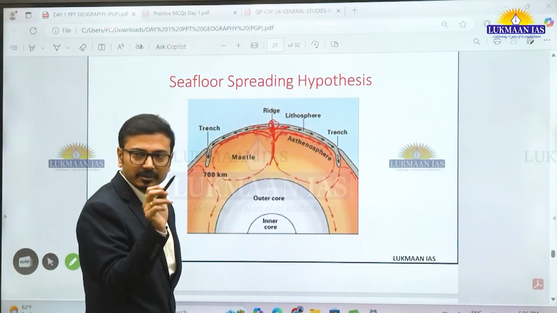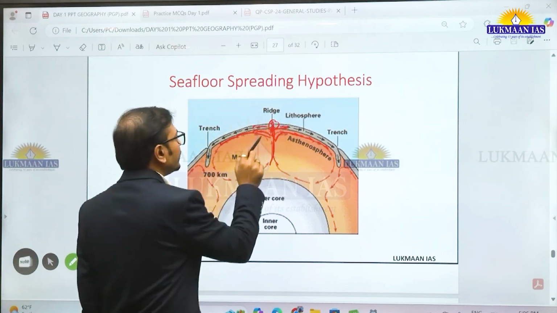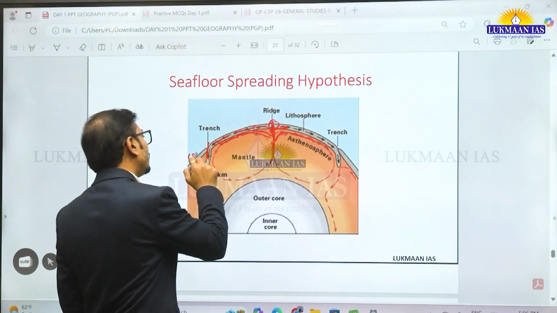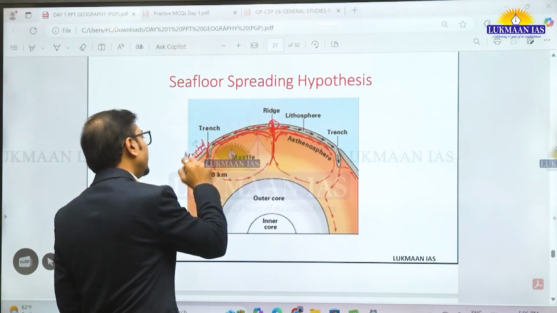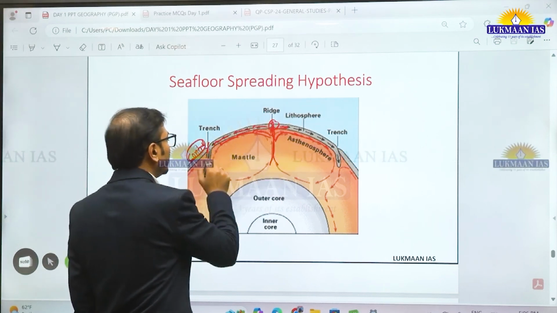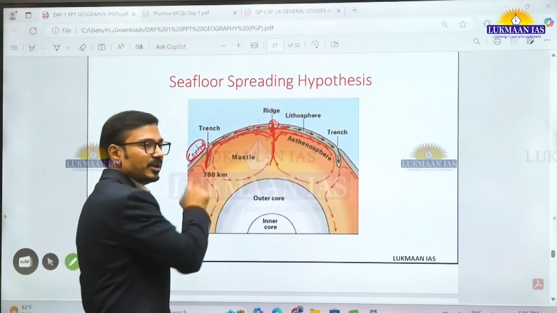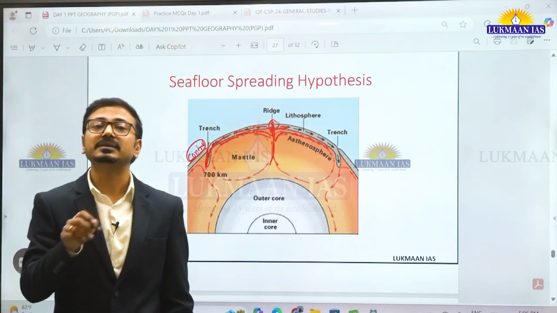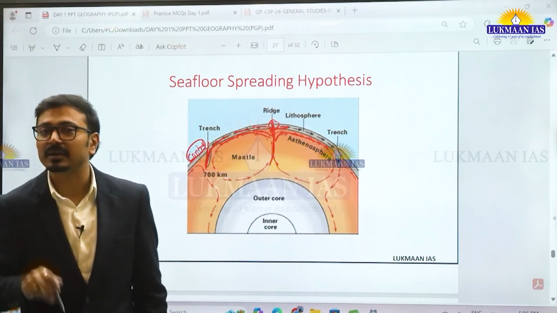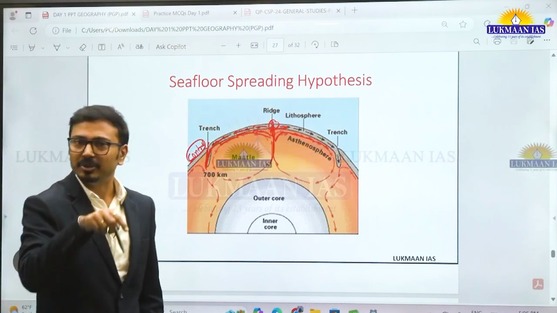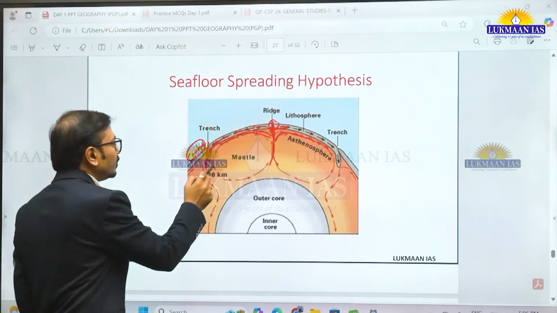The crust moves in this direction, and this is the trench, this is the continental plate, this is the oceanic plate. So in the trench, what is happening? The oceanic crust is subducting. Why? Oceanic crust is denser than the continental crust, as we have just studied. So the denser one will subduct and move to deeper levels.